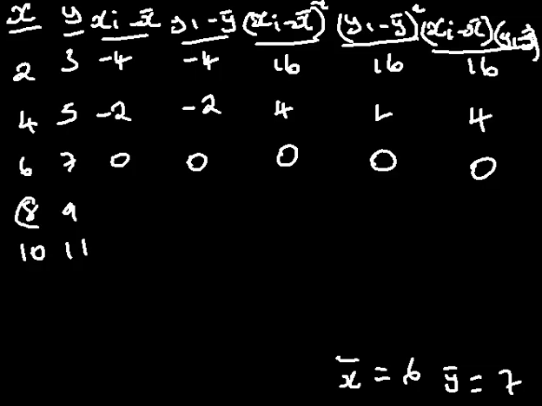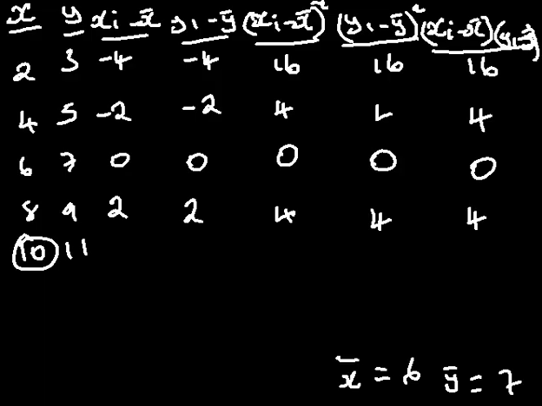Then we have 8 minus the mean for x, that is positive 2, and 9 minus the mean for y, that is 7, that is positive 2. The square of 2 is 4, and also here we have 4. And 2 times 2 is also 4.